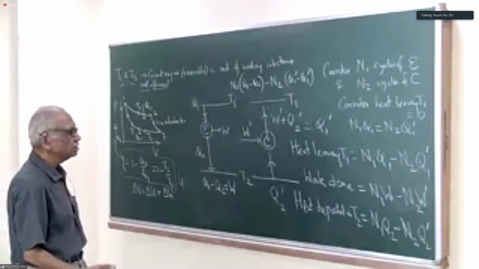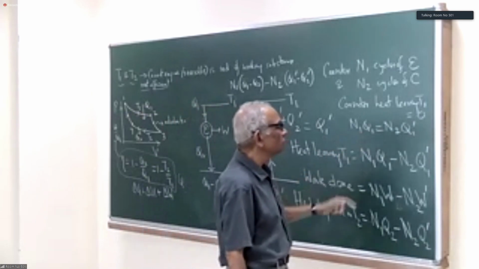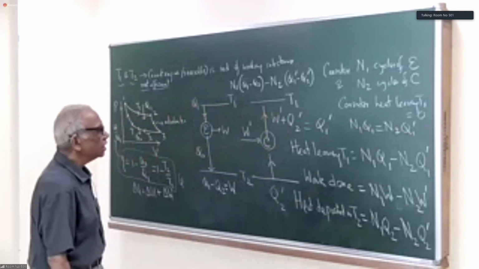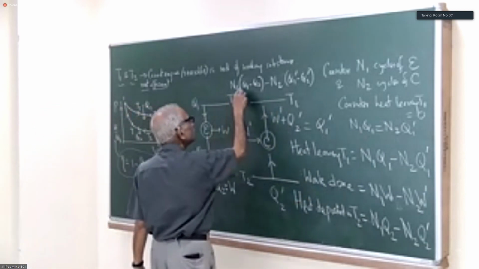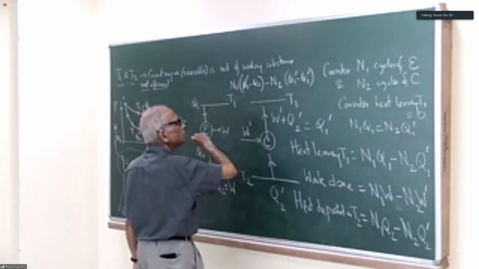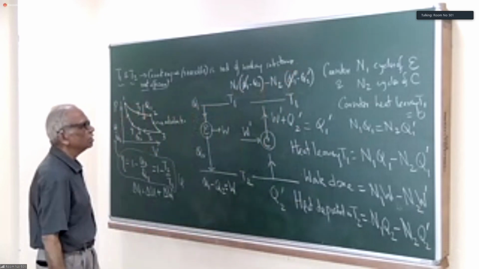I have adjusted the number of cycles so that N1 Q1 is equal to N2 Q1 prime, so N1 Q1 cancels the N2 Q1 prime.